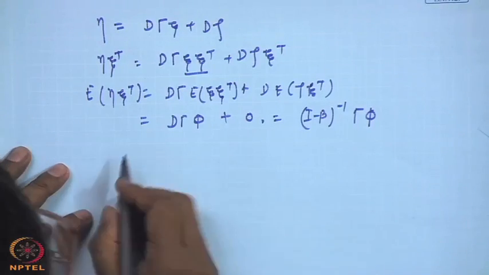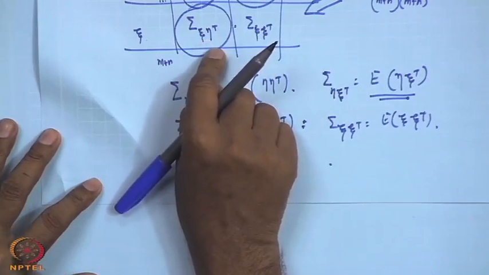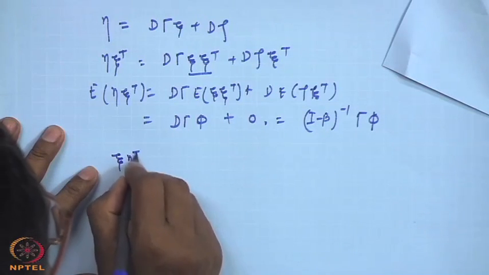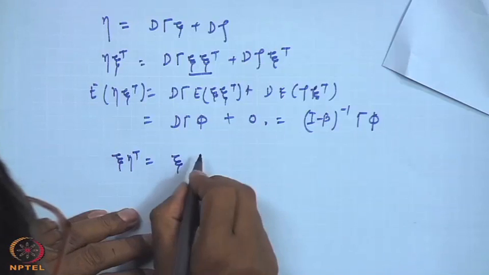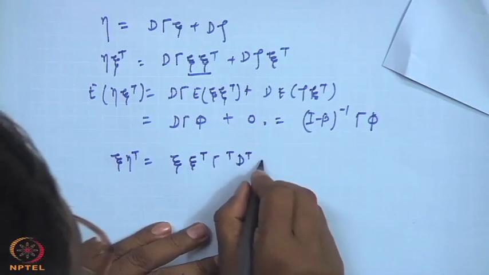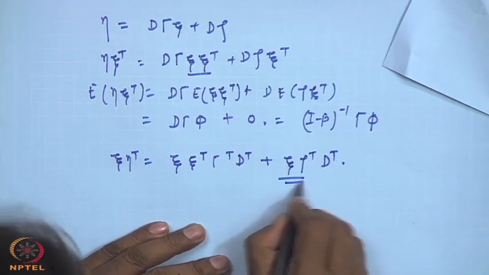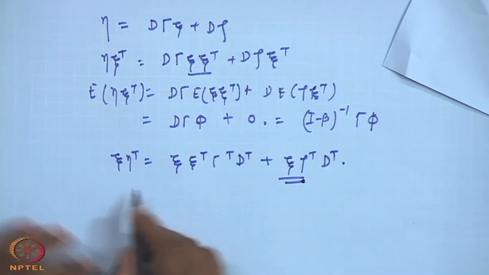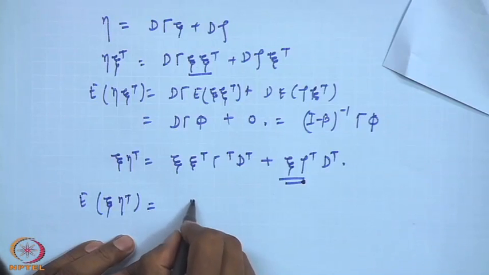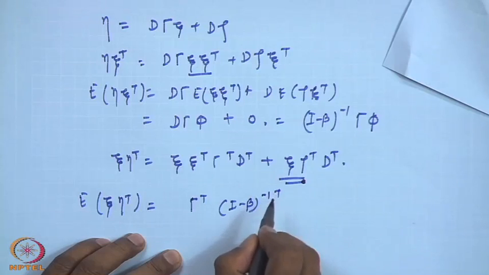What is your third portion? The third element is xi eta transpose. So, you find out xi eta transpose, which will be xi xi transpose gamma transpose d transpose plus xi zeta transpose d transpose. This will become 0 ultimately, and if you take the expected value of xi eta transpose, it can be written like this: phi gamma transpose I minus beta inverse transpose.